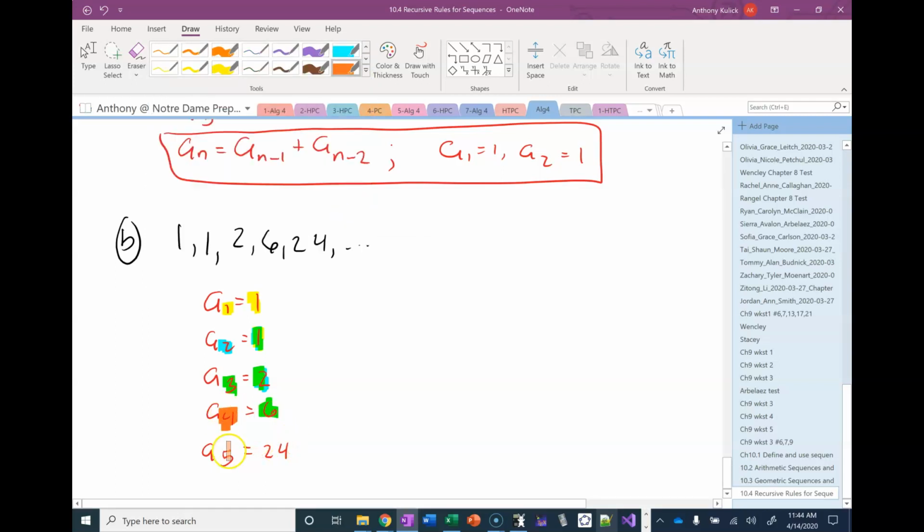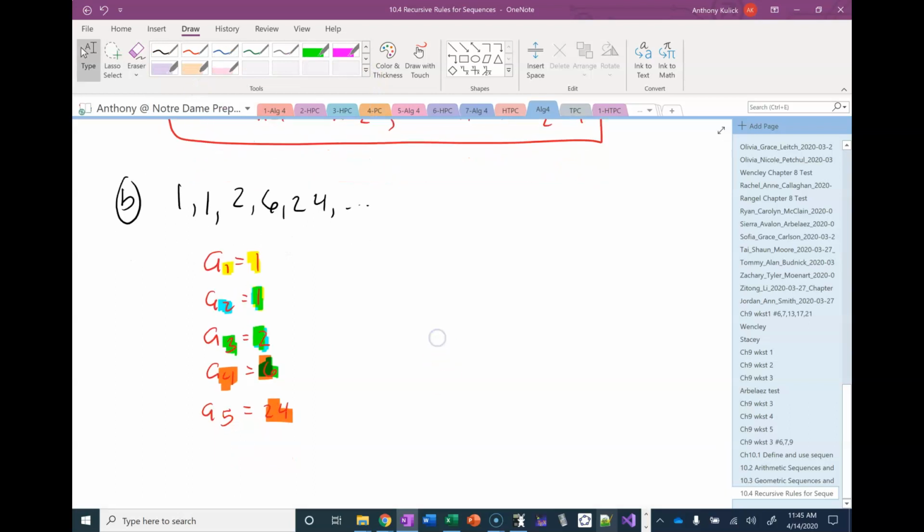And then 4 times 6 gives me 24. So this is the previous term number times the previous term.